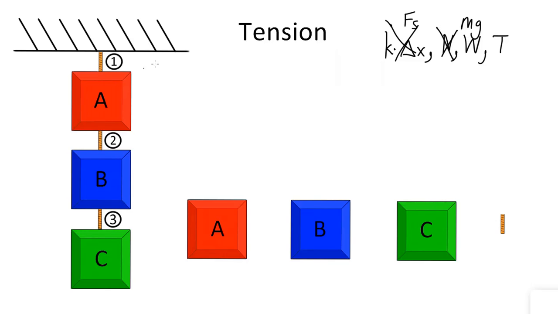But anyways, before I begin, I just want to talk about tension real quick. If we consider this rope right here, we're going to say that the rope is massless. If the rope's massless, then ma is just 0 naturally, even if it's accelerating. So whether static or dynamic, this is always true. The mass is negligible, which it is in this case because the blocks are so much bigger.